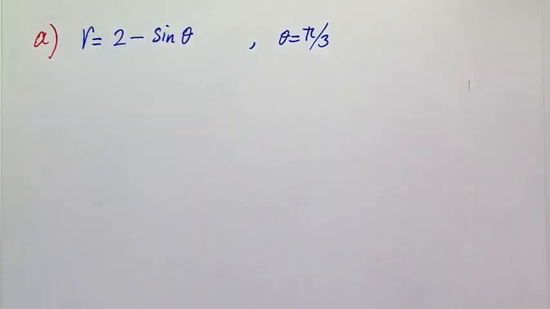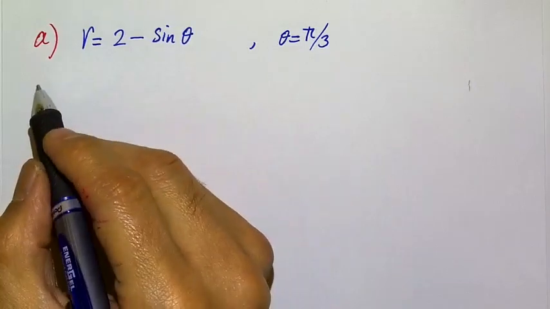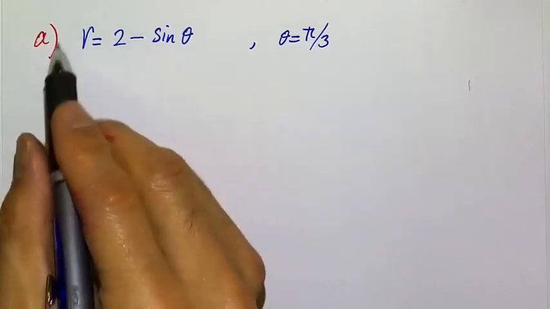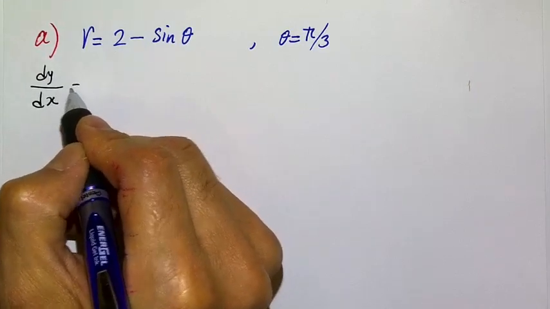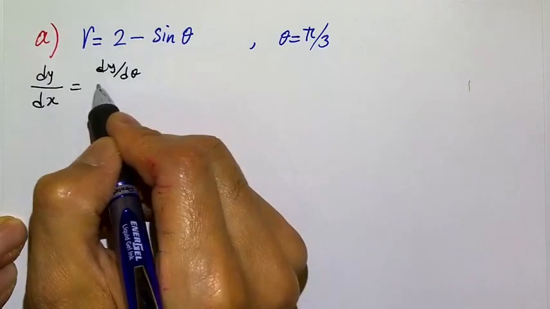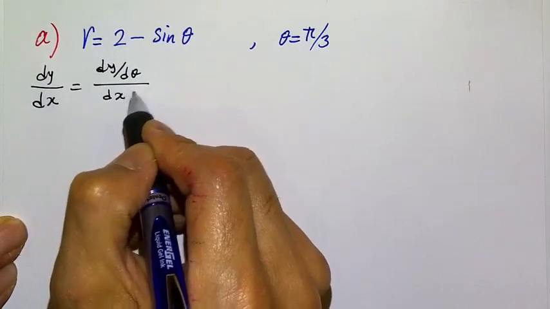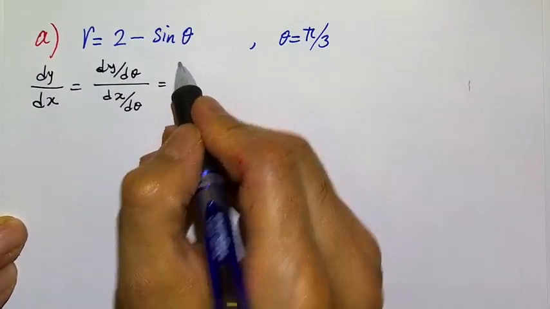So let us begin with that formula. We have dy dx, I'll just write the formula again here. dy dx is equal to dy d theta divided by dx d theta. And that was equal to, what was the formula?